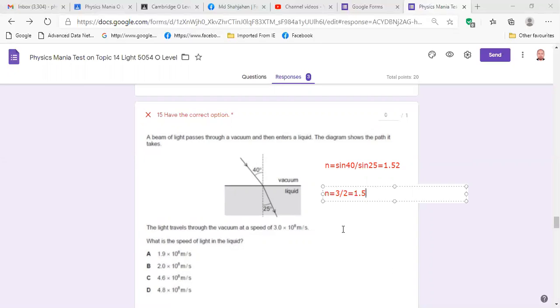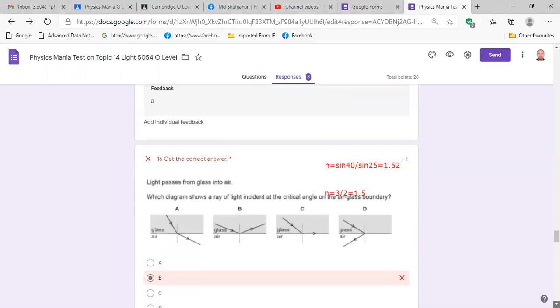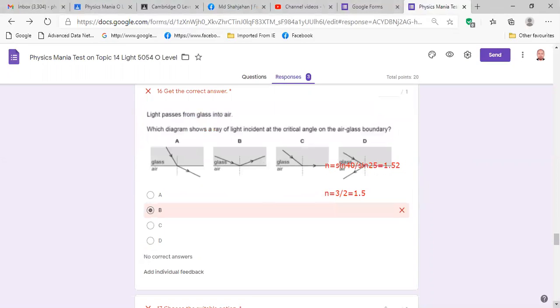That's why we are taking this. 10 to the power 8 automatically cuts in the ratio, isn't it? Then we are having question 16. 16 is easy, right? Very easy.